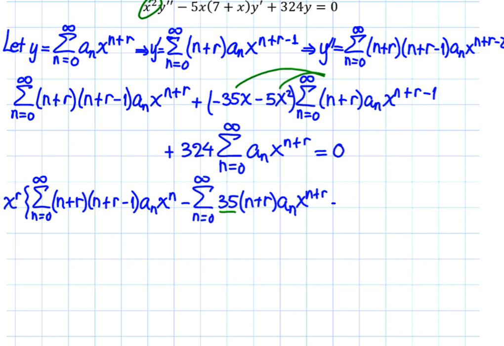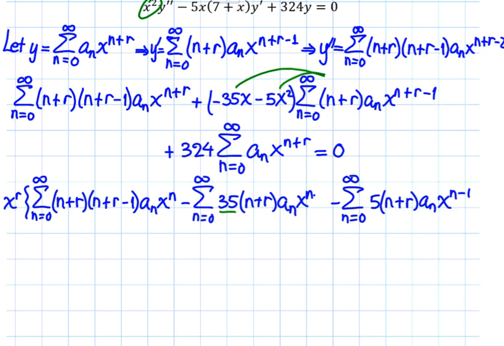And then minus the summation n from 0 to infinity, 5, n plus r, a sub n, x to the, by the way, we factor out the r, so there's no r here. x to the n, and then n minus 1 originally.